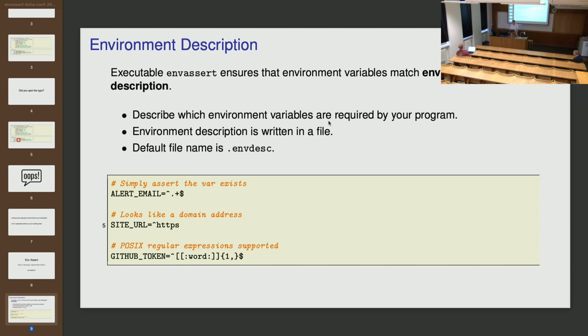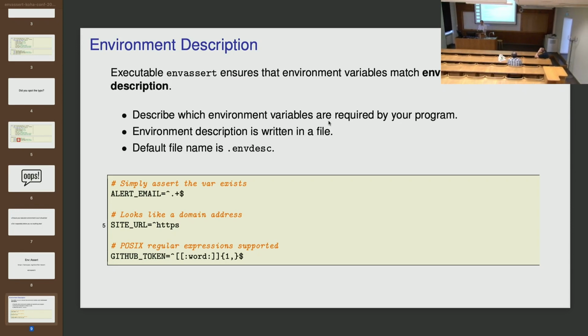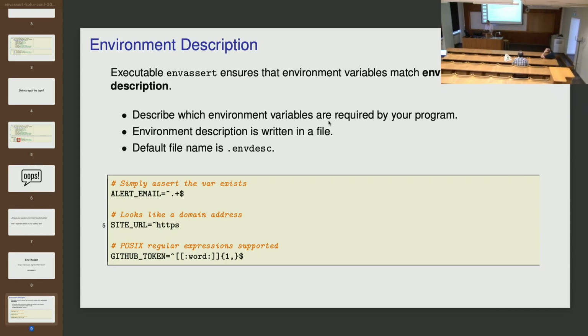First, if we look at the second row, alert email, I'm simply asserting that the variable exists and there is something in it. The second one, I'm checking that it definitely looks like a site URL or a URL address. And in the third one, simply checking that there are word characters that would constitute a GitHub token.